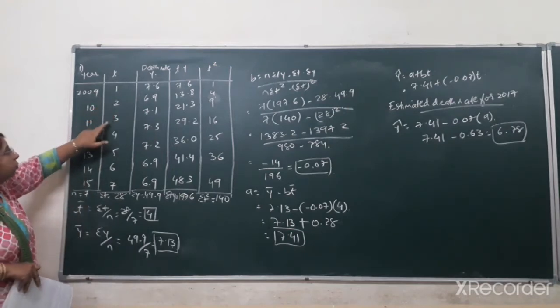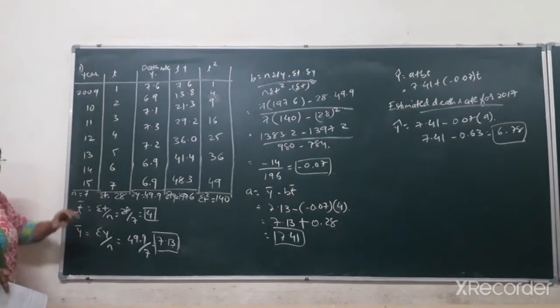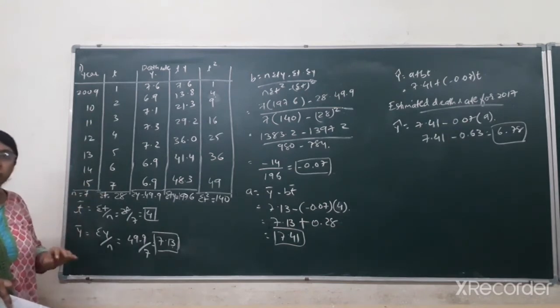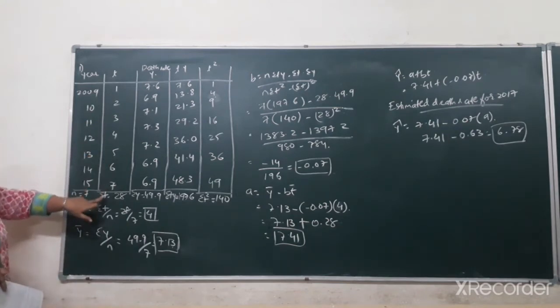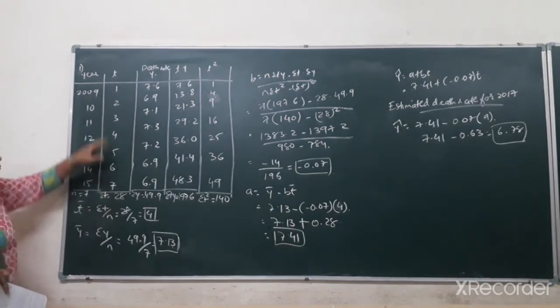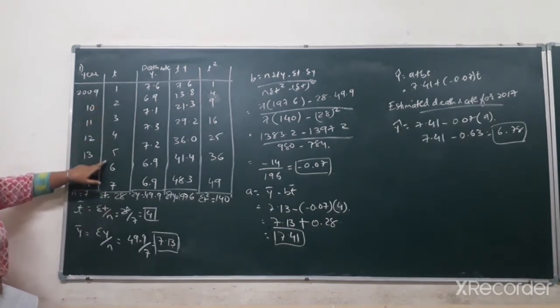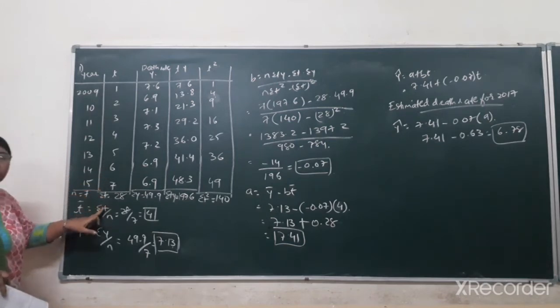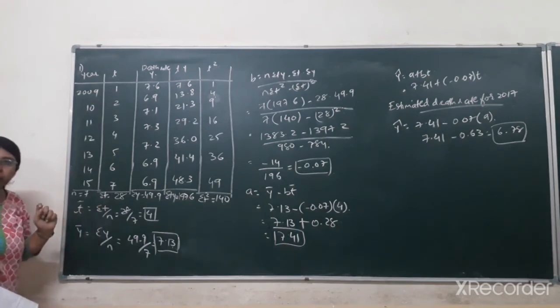So 1, 2, 3, 4, 5, 6 and 7. So total number of observations, that is 7. Okay. So n value 7, sigma t, total of t, that would come to 28. If you do 1 plus 2 plus 3 plus 4 plus 5 plus 6 plus 7, you will get the value of t, that is 28. So sigma t is equal to 28.